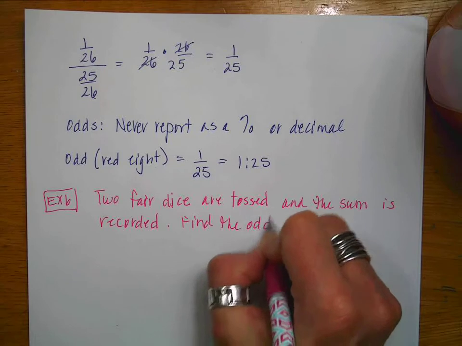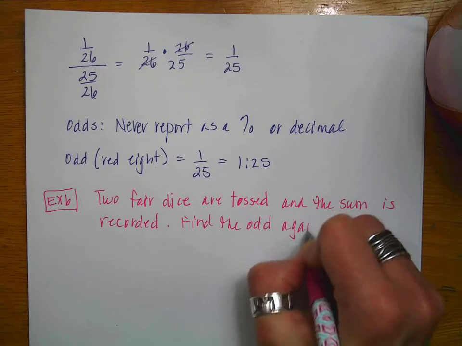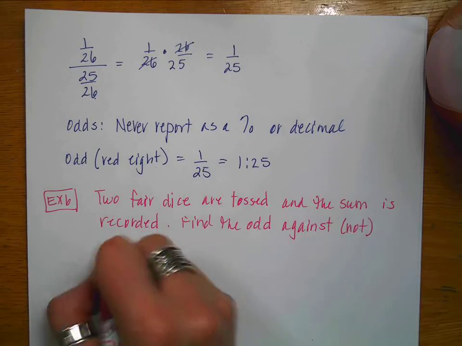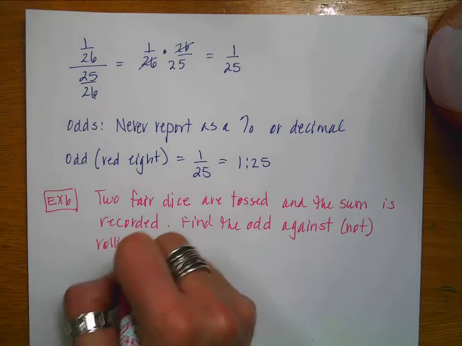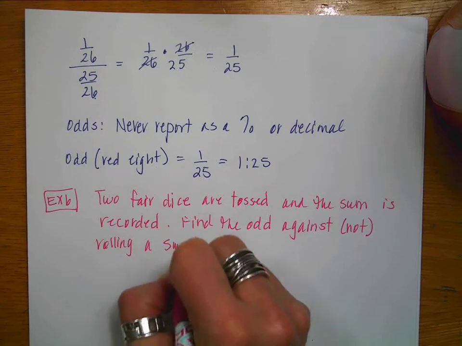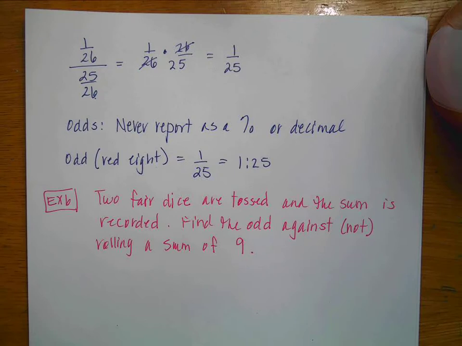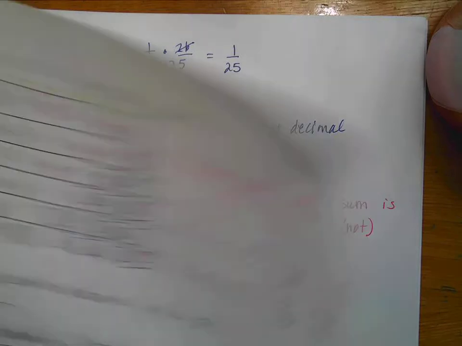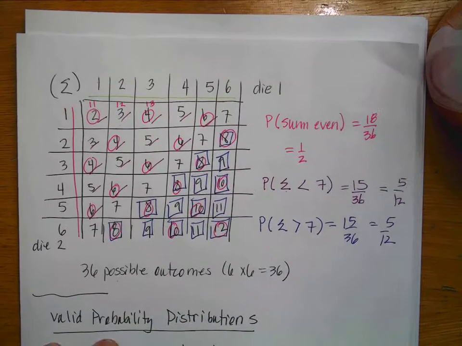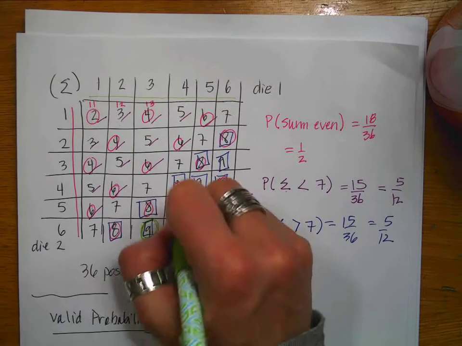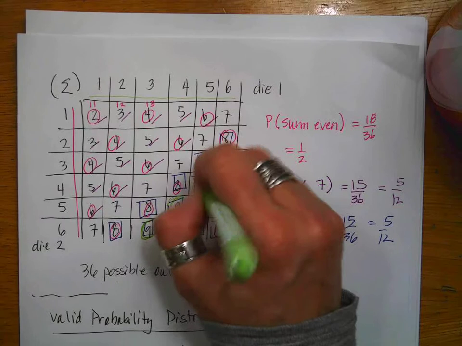Alrighty, and I want to find the odds against, remember that means not, of rolling a sum of 9. Okay, so I'm going to bring back my dice chart, and even though I scribbled all over it, let's look at the 9s.